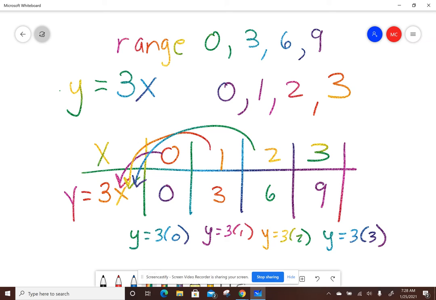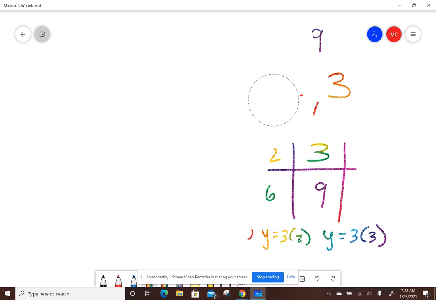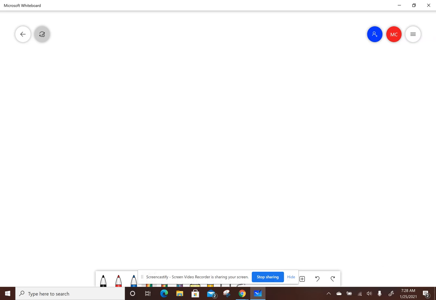Okay, so now you try to do the next one. They give you a rule. The rule is y equals x minus 3, and they give you a domain.